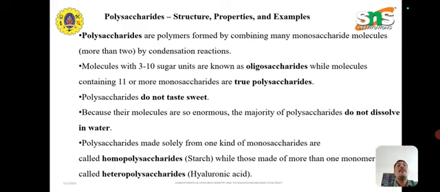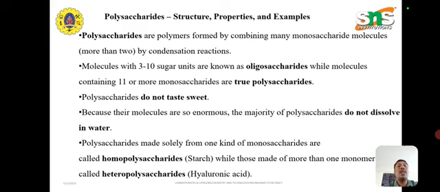Molecules with 3 to 10 sugar units are known as oligosaccharides, while molecules containing 11 or more monosaccharides are true polysaccharides. Polysaccharides do not taste sweet. When we consume them, we feel they are tasteless because their molecules are so enormous. The majority of polysaccharides do not dissolve in water.